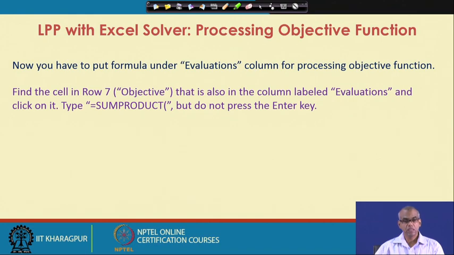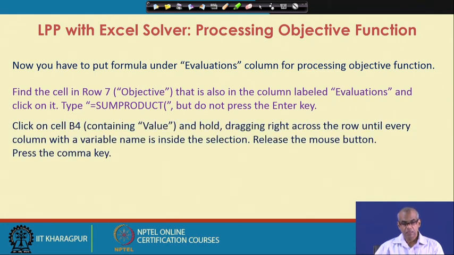Type equal to sum product, then first bracket, but do not press the enter key. Click on cell B4 containing value and hold, dragging right across the row until every column with a variable name is inside the selection. Release the mouse button, press the comma key.